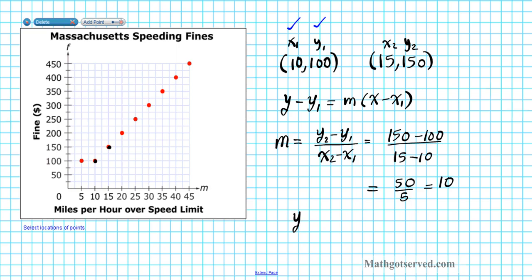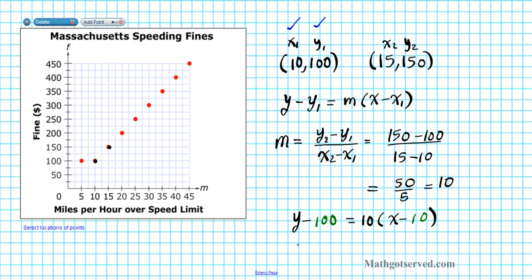So we have y minus y1. Y1 is 100 equals m, the slope of 10, times x minus x1. What is x1 again? It's 10. X1 is 10, as you can see right here.